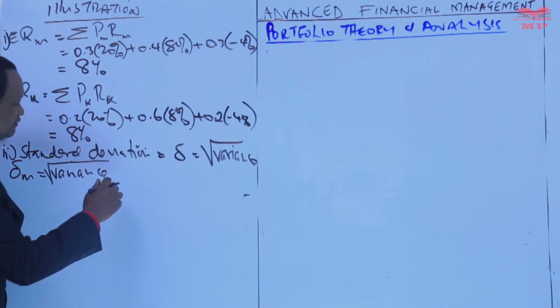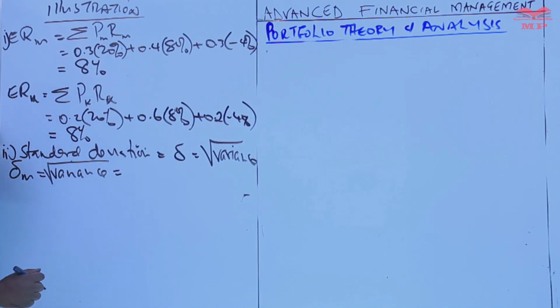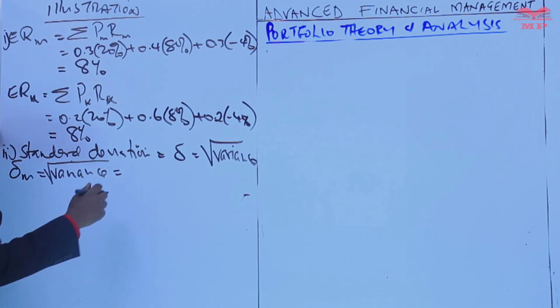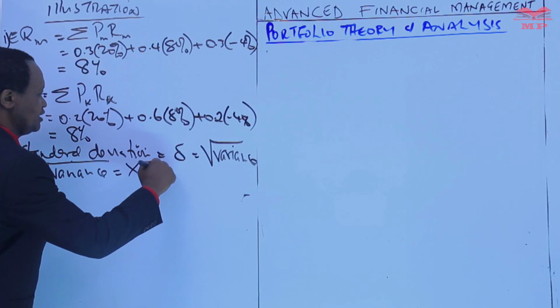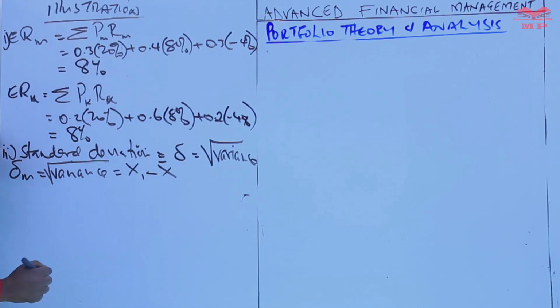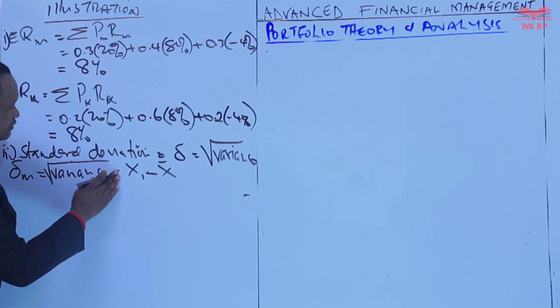Variance is a deviation, candidates. You are going to calculate the deviations. That is x1 minus x bar, the expected return. X bar represents the expected return. All right. So this is the variance.